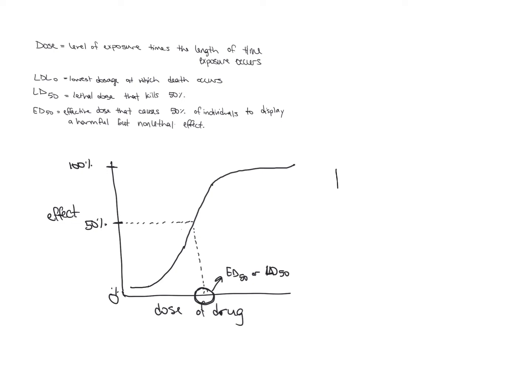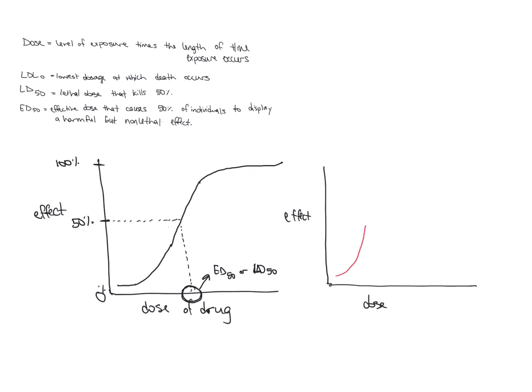So if you're trying to compare two different dosages or two different chemicals, right? And here's your effect and here's your dose, right? Let's say one curve ends up looking like this, right? And then another curve ends up looking like this, right?